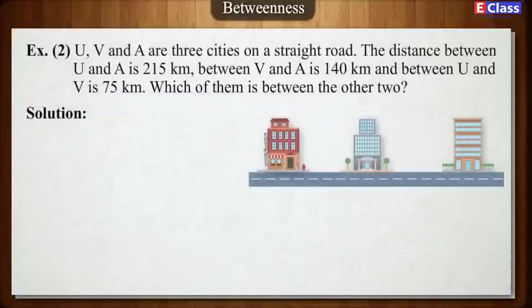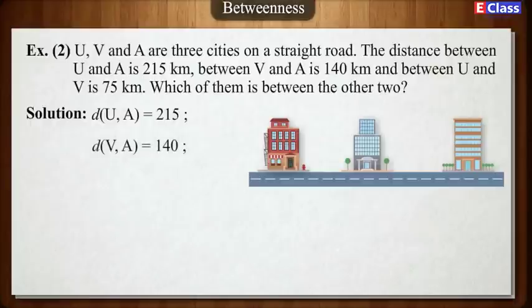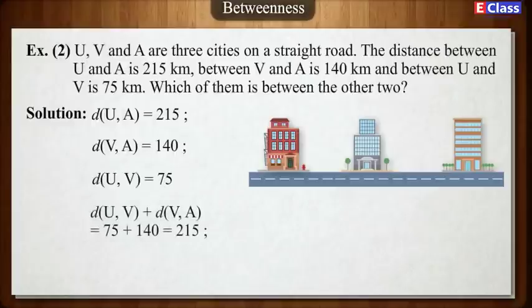Solution: distance of UA is equal to 215. Distance of VA is equal to 140. Distance of UV is equal to 75. Distance of UV plus distance of VA is equal to 75 plus 140, which is equal to 215.